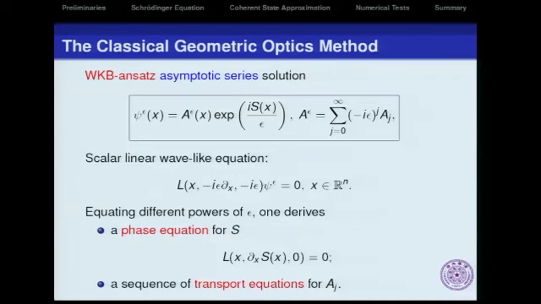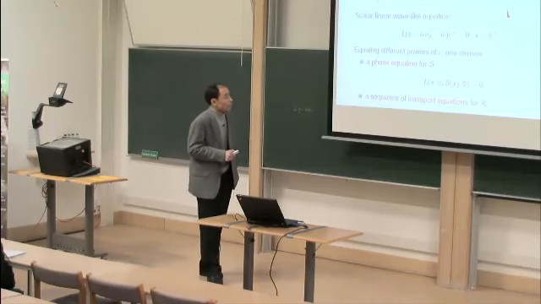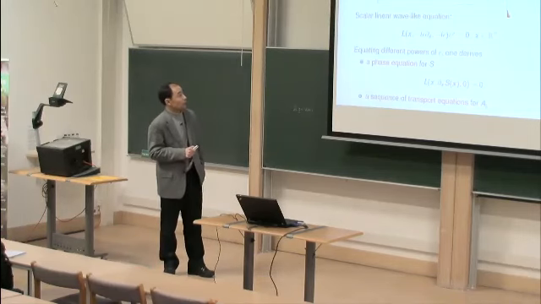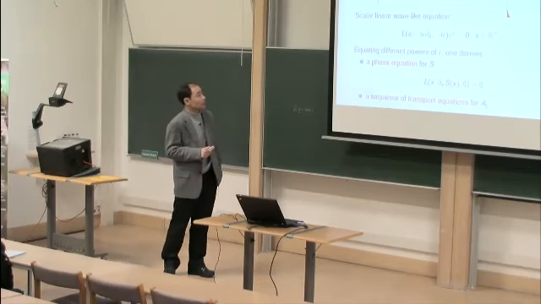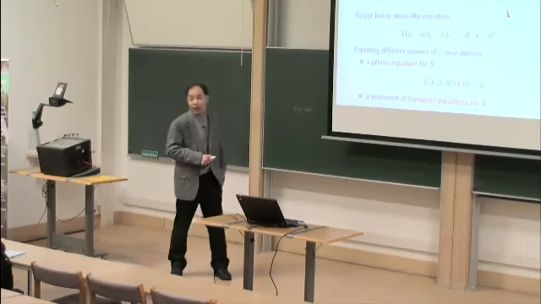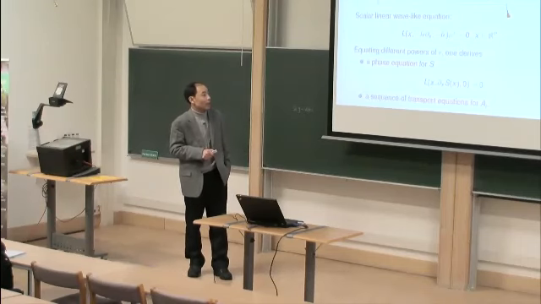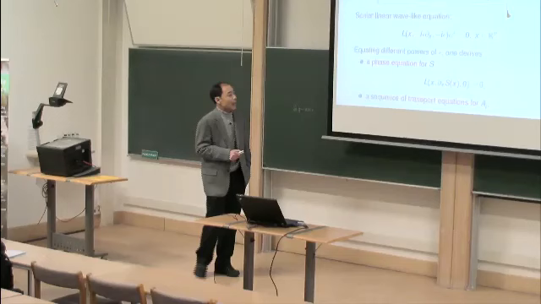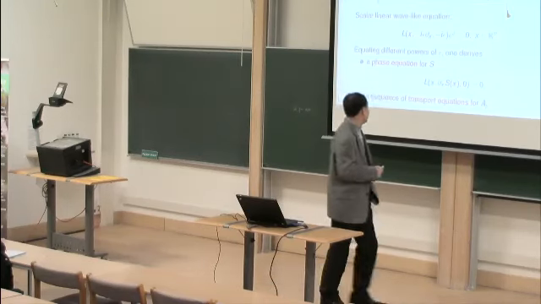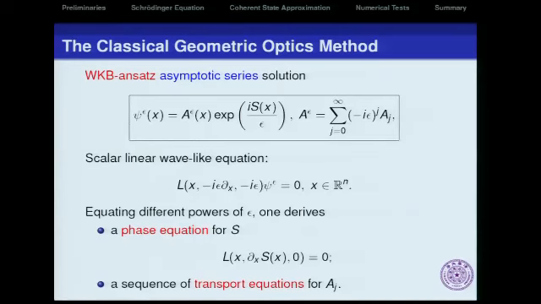So it's quite a general form. If you substitute this asymptotic series solution into this equation and equate different powers with respect to epsilon, to the leading order you derive a phase equation for the phase function S. And for the higher order terms with respect to epsilon, you get a sequence of transport equations for A_j.